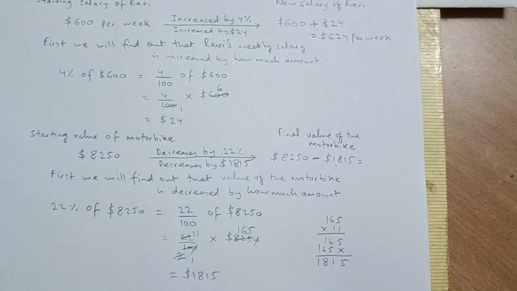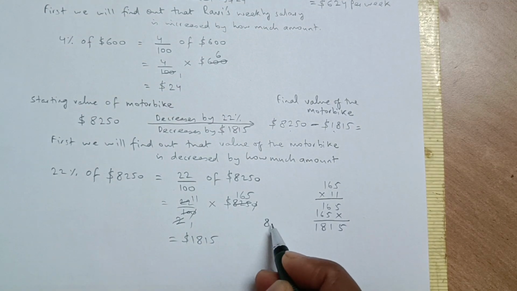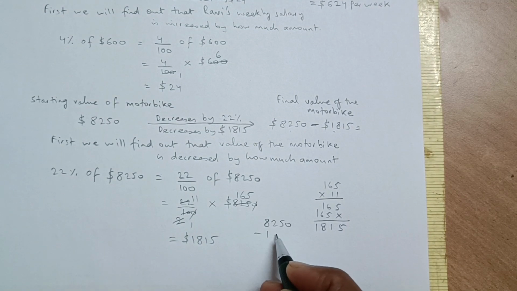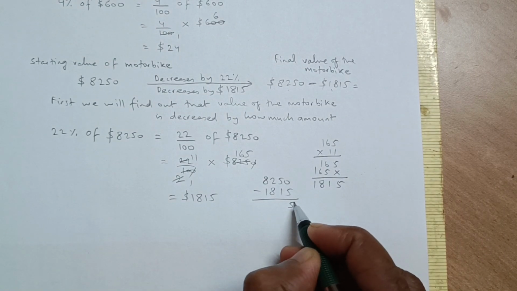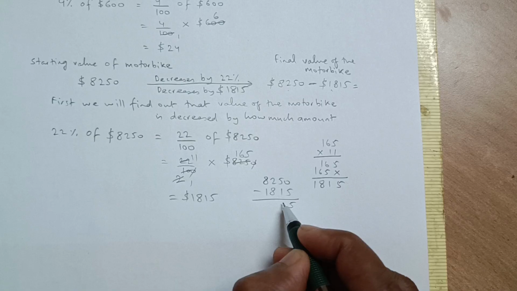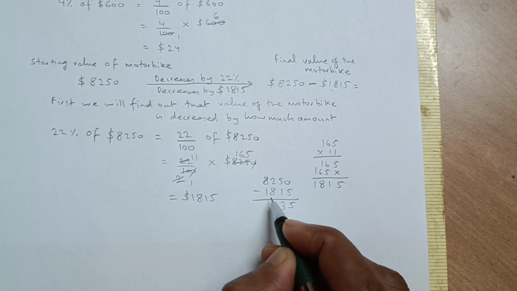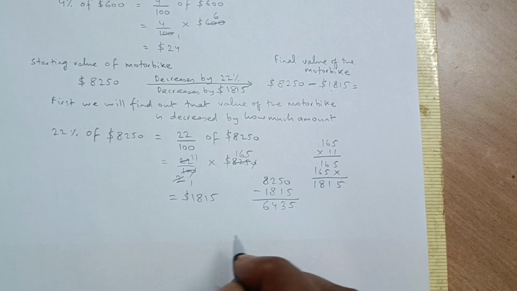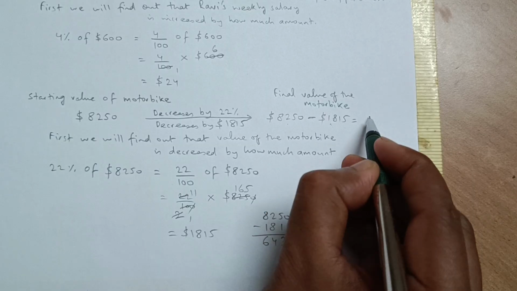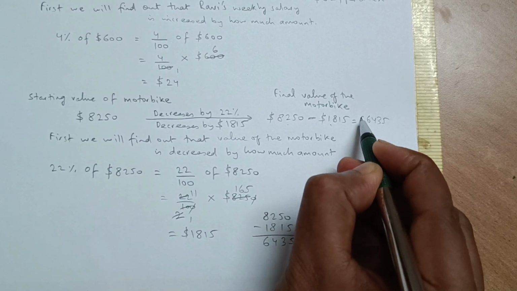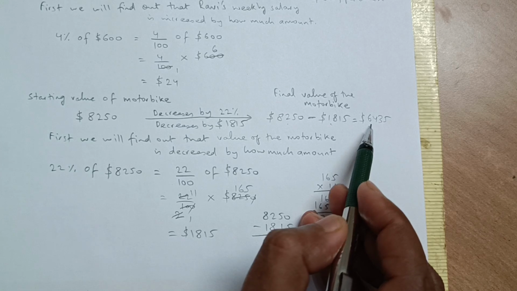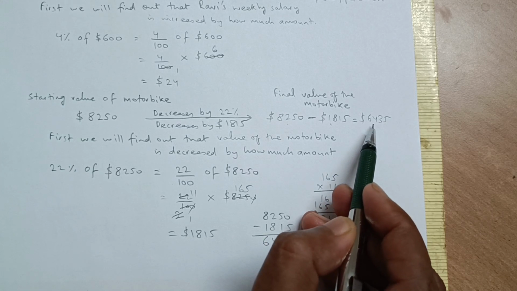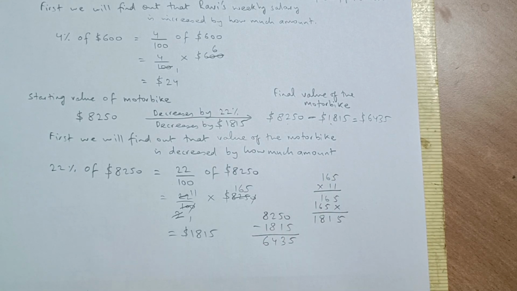So how much is that? 8250 minus 1815 is 6435. So the final value of the motorbike is $6,435.